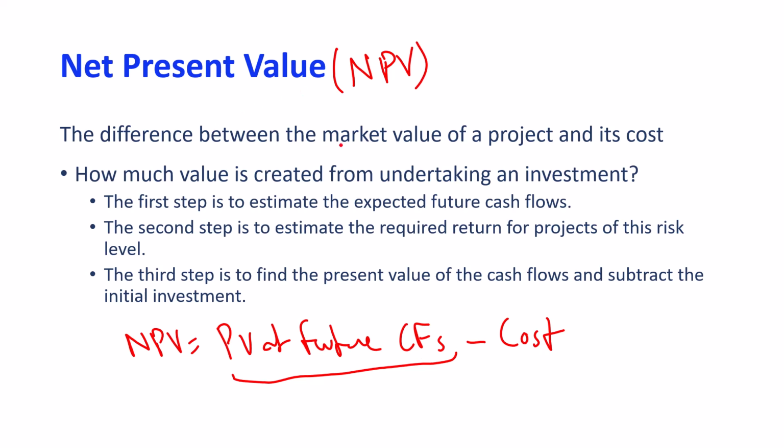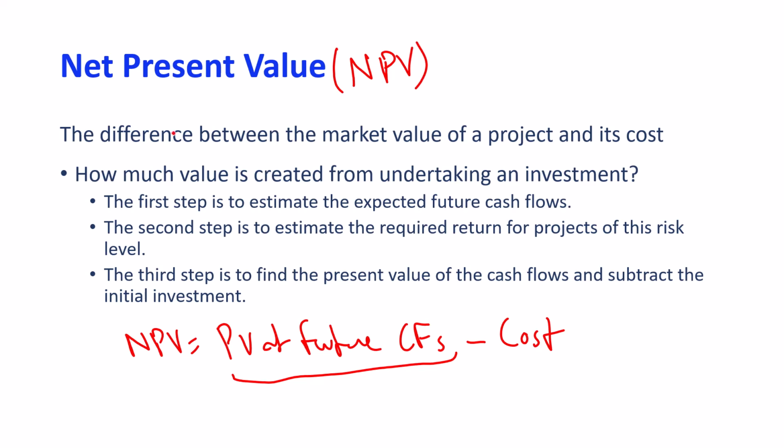The first step is to estimate the future cash flows of the project. The second step is to estimate the required return for the project, the return that we use for discounting the future cash flows. And in the third step, we find the present value of the future cash flows and then subtract the cost.